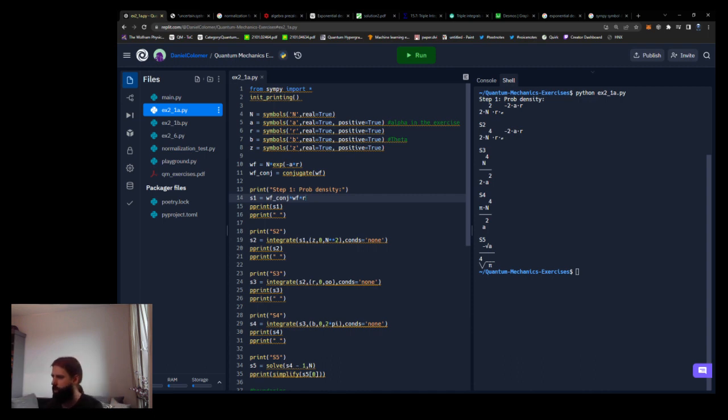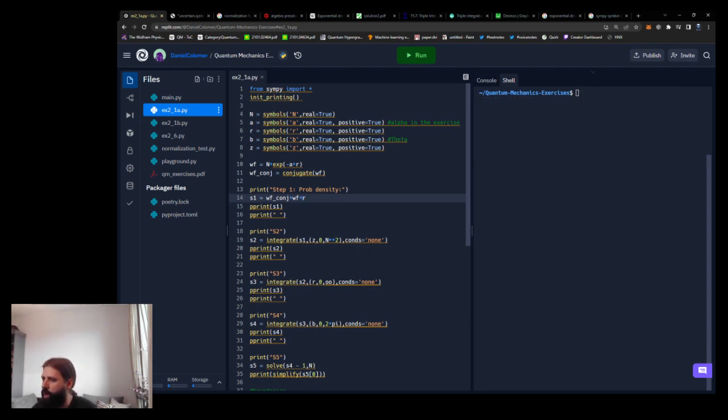What if I would just integrate and then square? Does this make a difference? I want to try, what if I just do these?